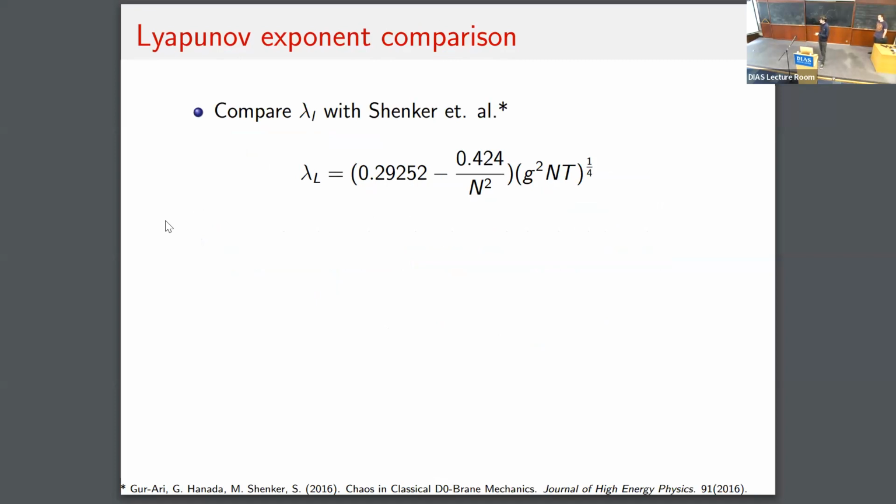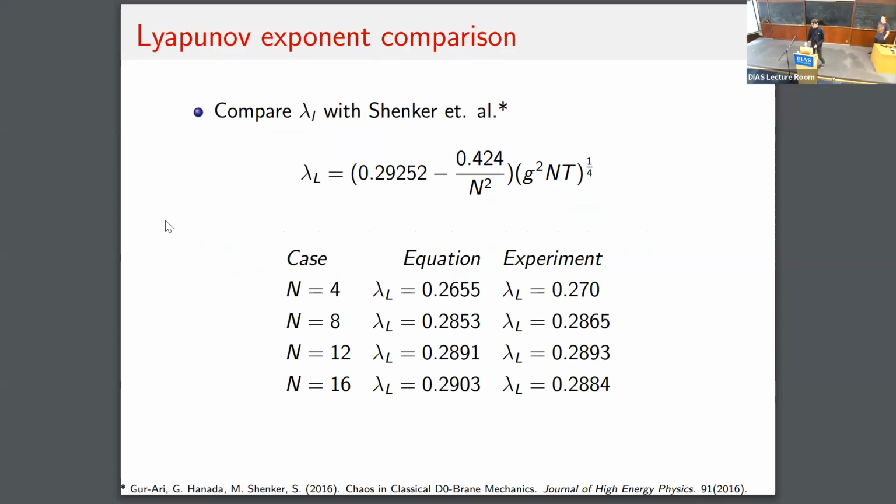From Schenker and Gurari and Hanada, their paper, they found this relationship for the Lyapunov exponent. And we've basically run our own simulations with g squared n equal to 1 and T equal to 1, just to simplify this equation. And we found good agreement with other literature values.